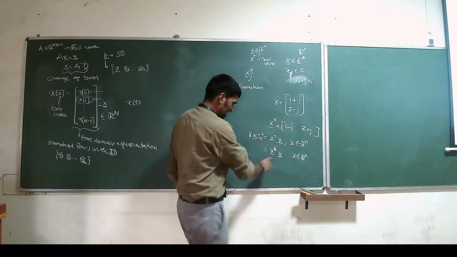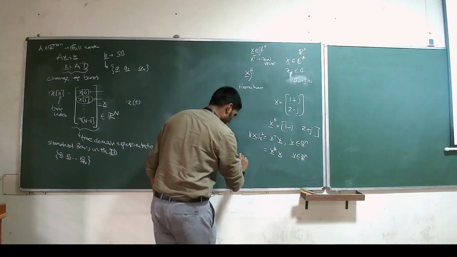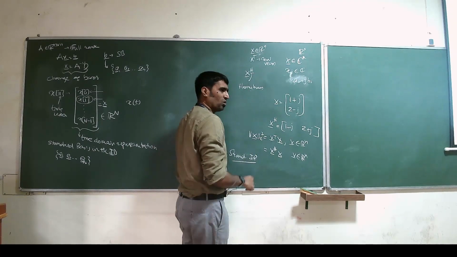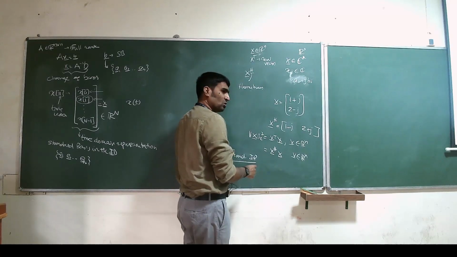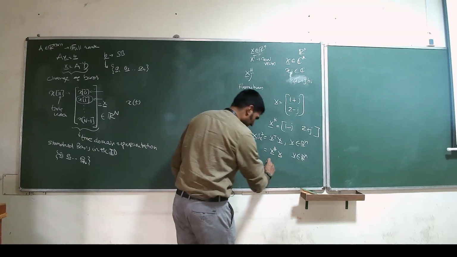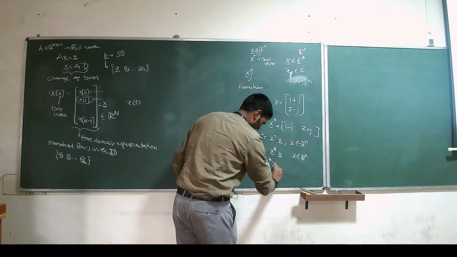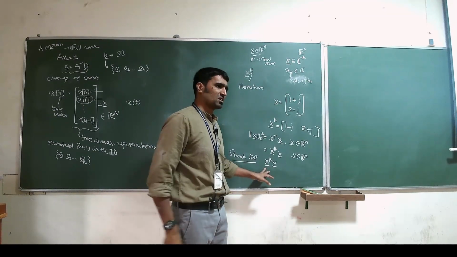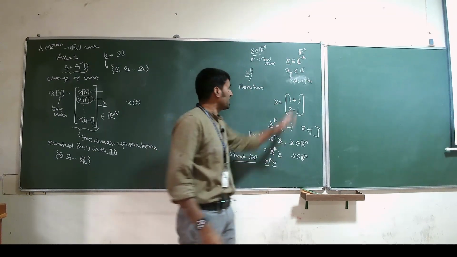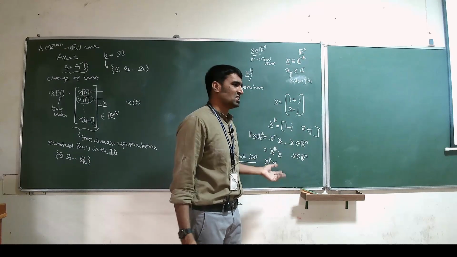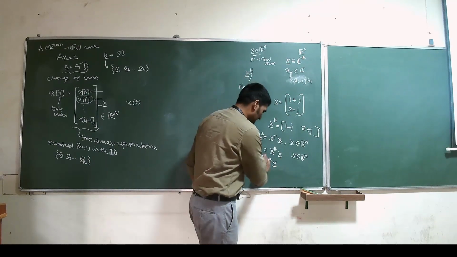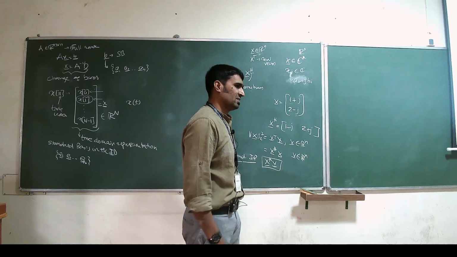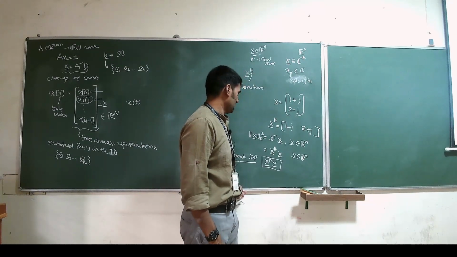And the standard inner product in Cn is not x transpose y, but x Hermitian y. The transpose always comes with the complex conjugation. If it's only real vectors, then complex conjugation essentially does not do anything. So the Hermitian is the true transpose operation that we are interested in.